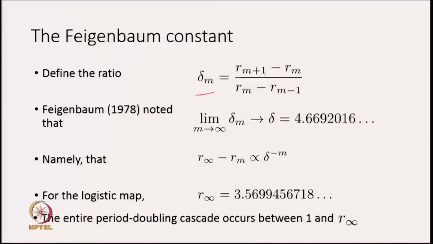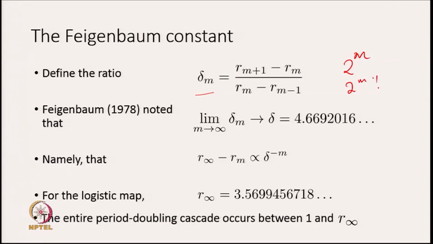So, what is the width of this window divided by, so here is the window where period 2 to the m is stable, and this is the window where 2 to the m minus 1 is stable.